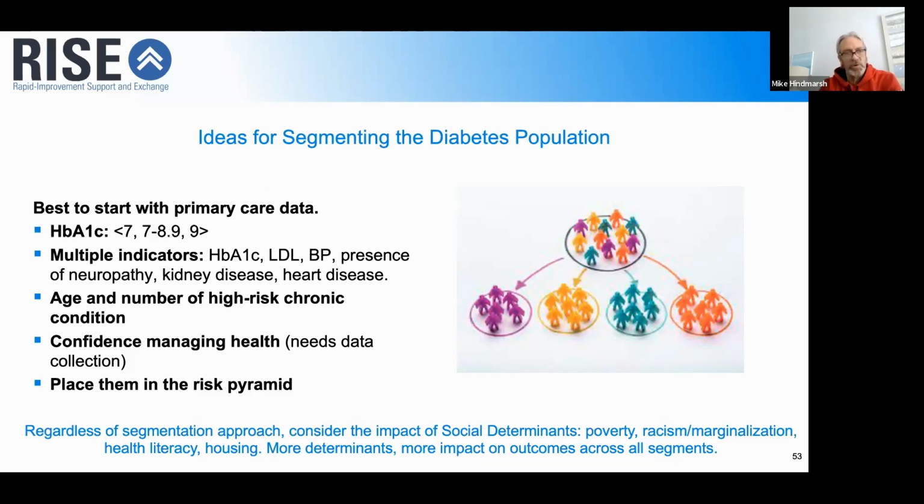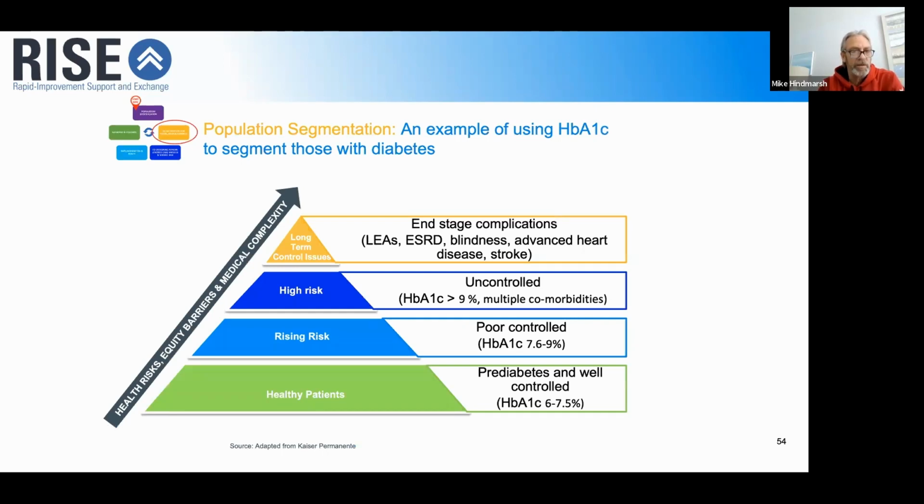So I'll just quickly show you how those would look in the risk pyramid that Rob also presented earlier in the session. If we want to do it by A1C control, here's one way of thinking of the population. The healthier patients at the bottom with pre-diabetes or well-controlled diabetes, the people with rising risk who have poor control between 7.6 and 9% for the hemoglobin A1Cs, perhaps the high-risk folks that are uncontrolled with multiple comorbidities, and the extremely complex with end-stage complications, lower extremity amputations, end-stage renal disease, blindness, and so on and so forth.